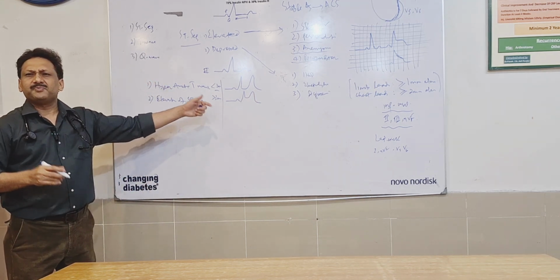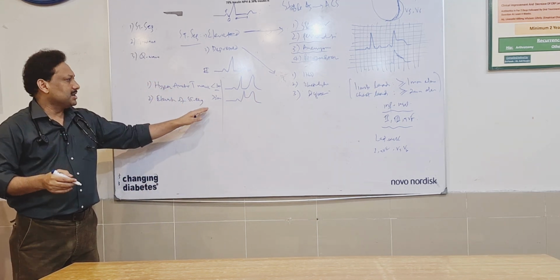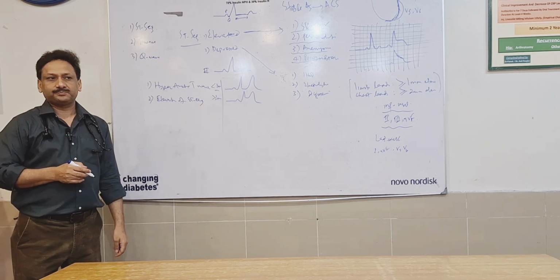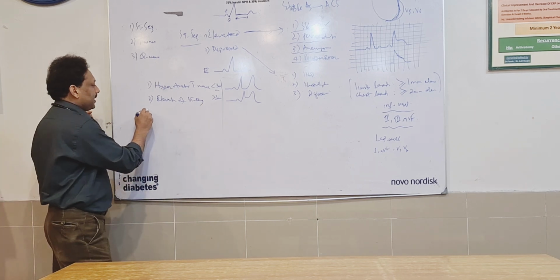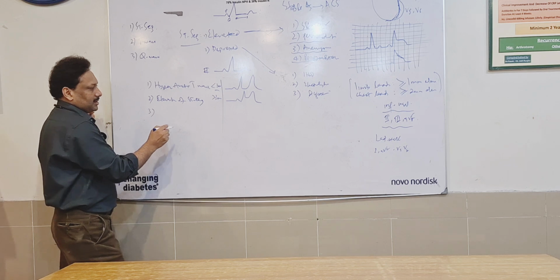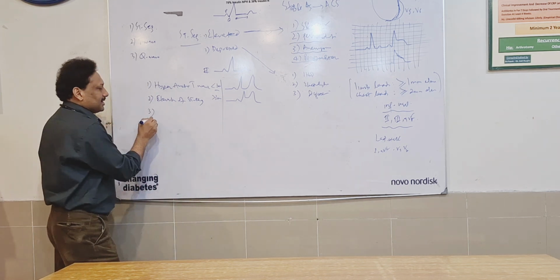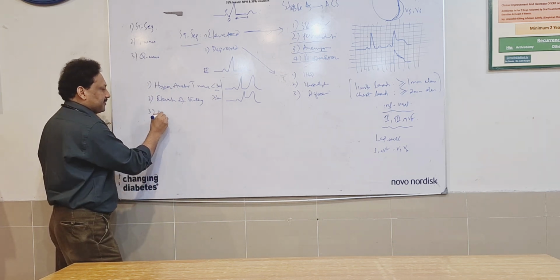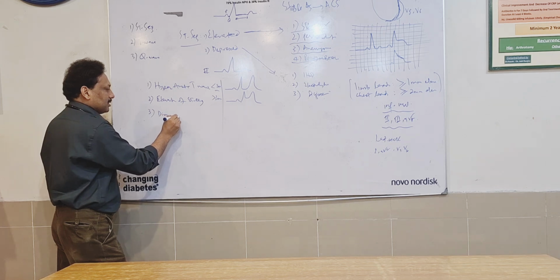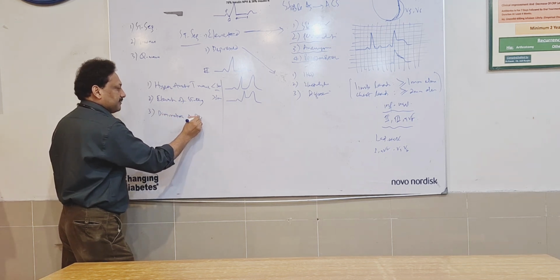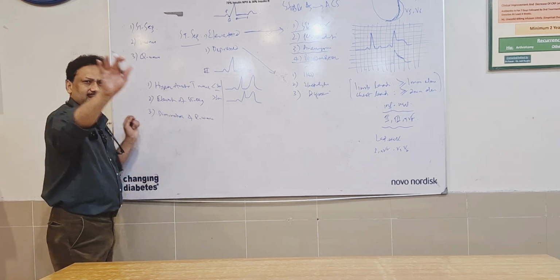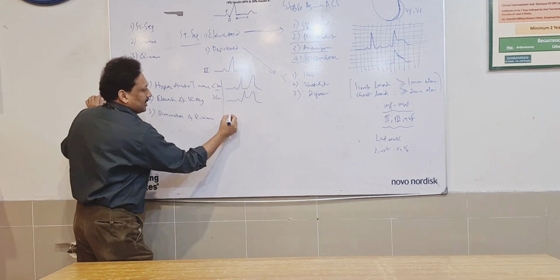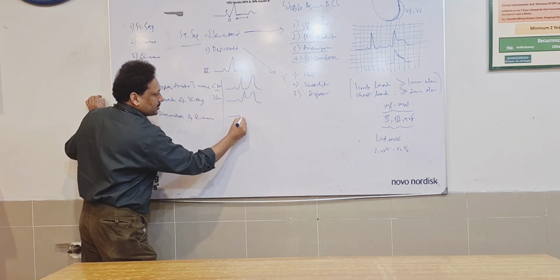After greater than 30 minutes, usually within 2 to 4 hours, this ST elevation is seen. Stage number 3: what happens next? There is diminution of the R wave. Diminution means reduction in the size of the R wave. This is going to be the picture.